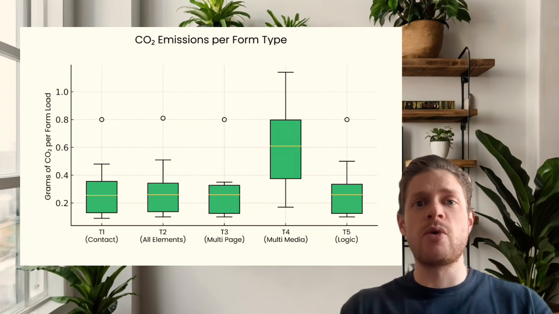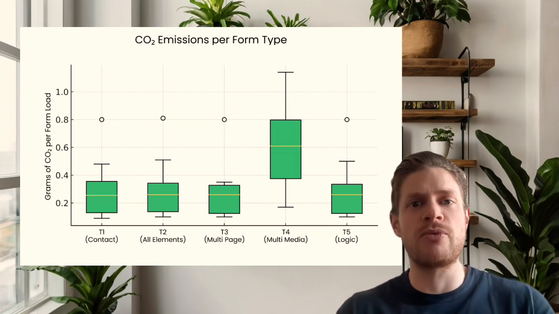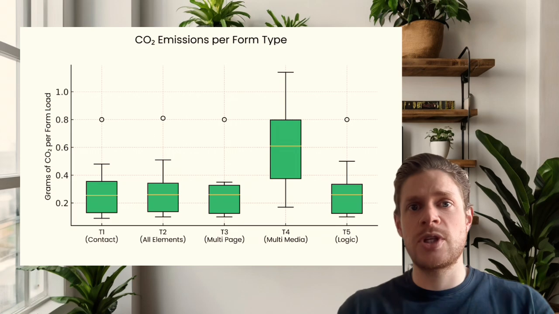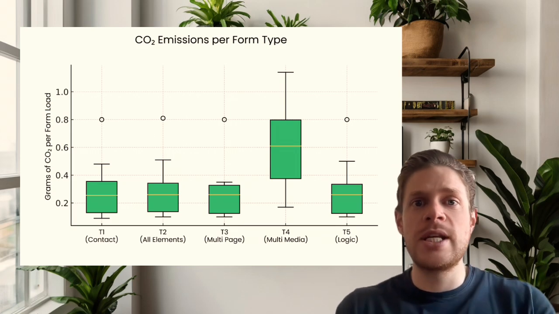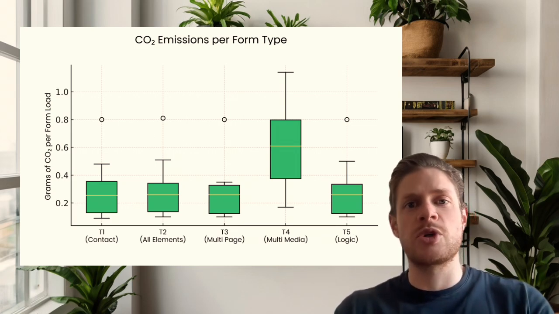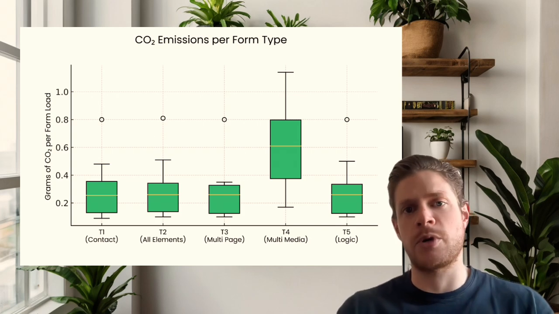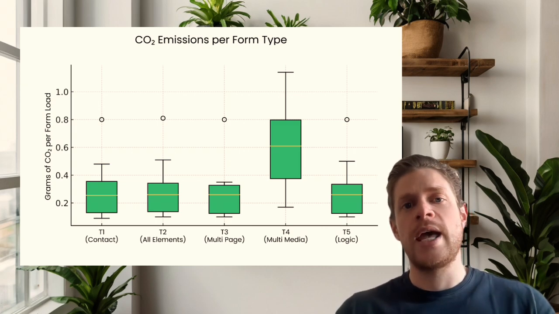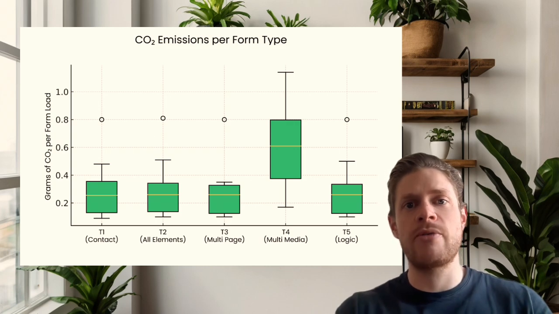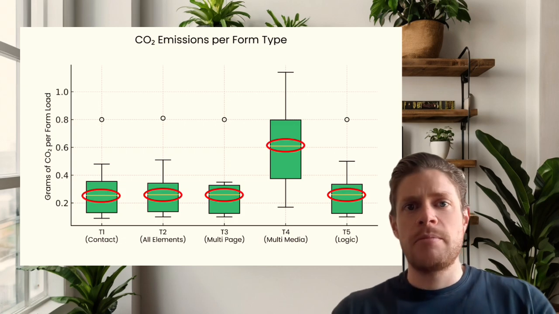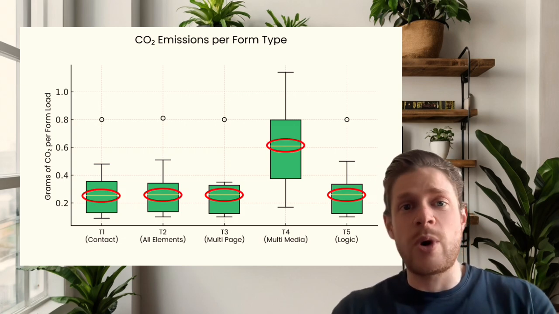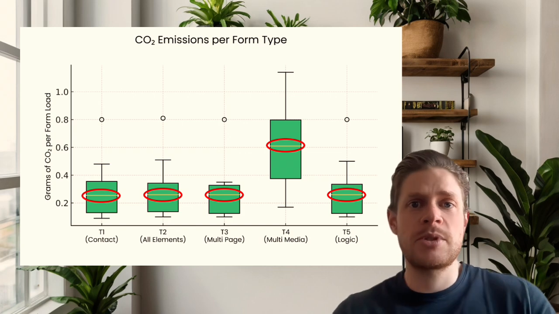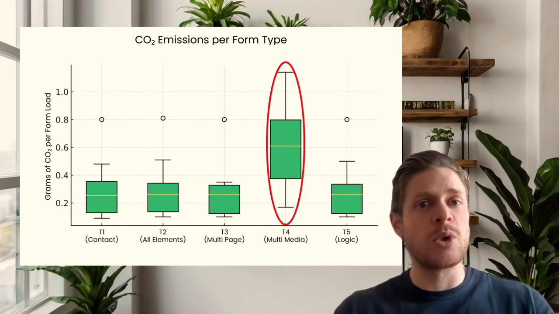Okay, so before we give you an overview of, in general, which is the most sustainable form builder, it's interesting to look at the differences of form types. So essentially, are you able to build forms that are more sustainable simply by reducing the amount of functionality that you use? So we took all of the results of all of the form builders, averaged across those 3 calculation tools, and we plot them here as box plots for every type of form that we've built. And you'll notice by the median level that actually there's not much difference or any significant difference across all form types, except for the one with the multimedia.